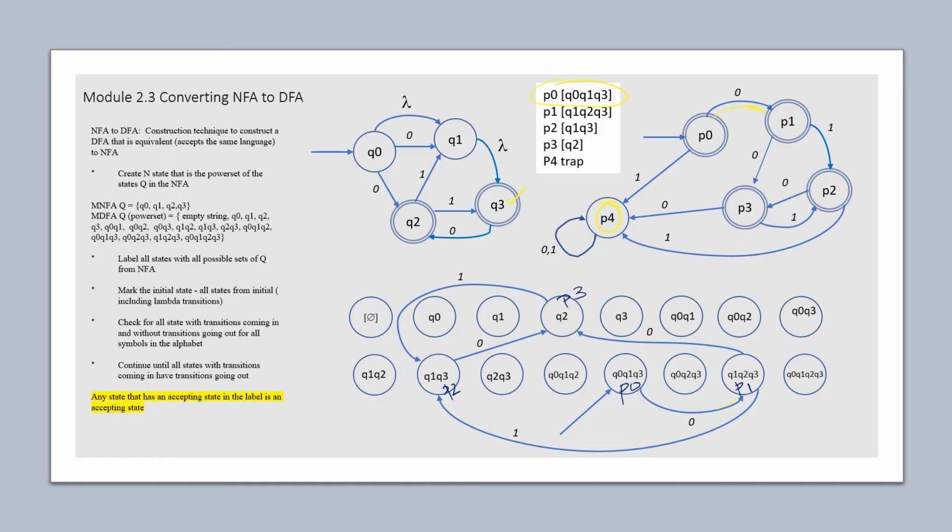All I did here was redraw this one that I had down here in a little nicer way over here. That's why you keep this to remember: if any of these are accepting, then it's going to be accepting. So P0, P1, P2, and P3 are all accepting. And the one that is not accepting, of course, is P4, because that's the trap state.